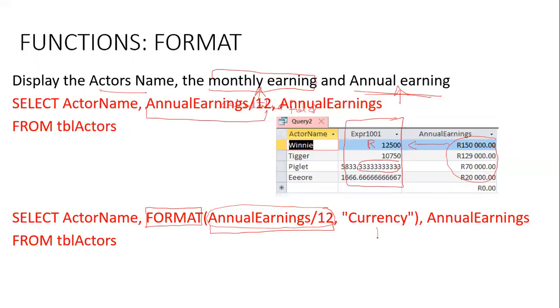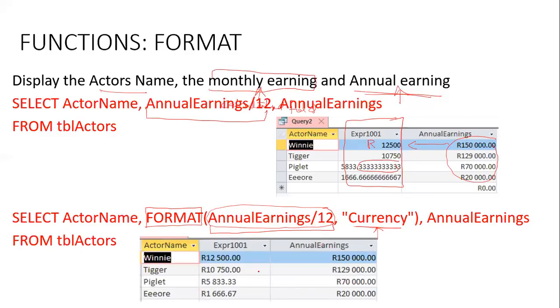And the second parameter is what I'm formatting it to. So between double quotes, I state currency so that the annual earnings divided by 12, which then gives me the monthly earning, is given in a currency format. And by doing that, you will then see that I now have my values in a much more presentable way.